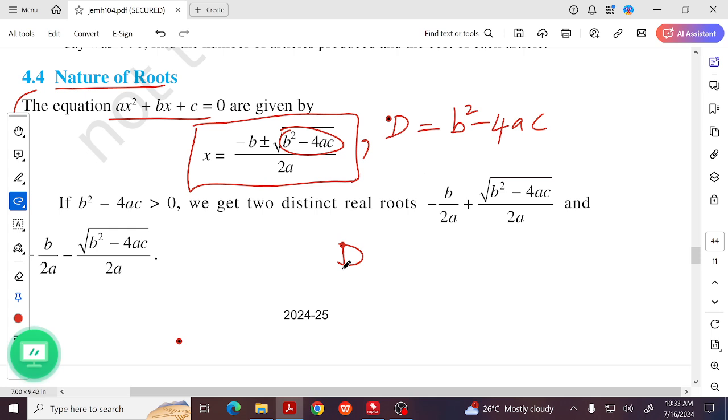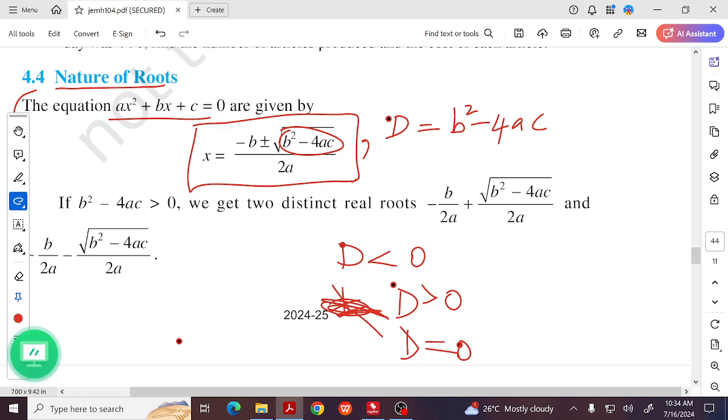When you find the D value, there are three types: D less than 0, D greater than 0, and D equal to 0. These three types we have. Suppose the D value is less than 0, what is the meaning? It means negative.